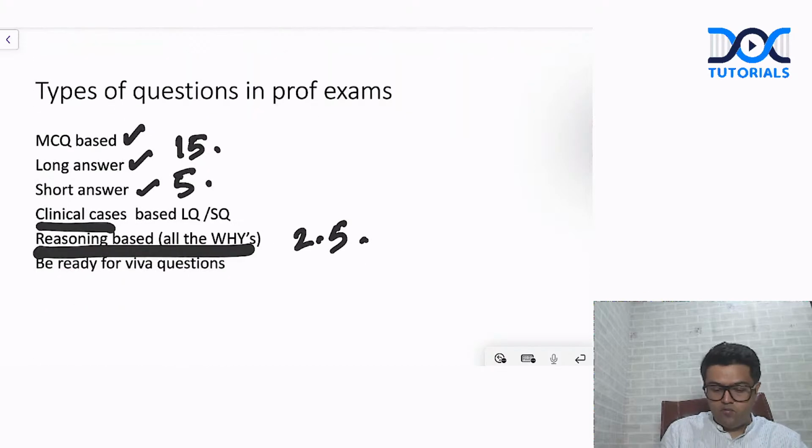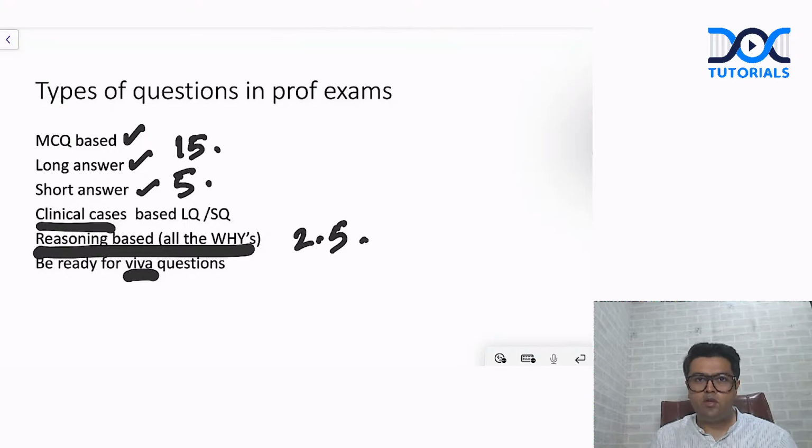Now guys, what are the other types of questions? Viva questions. Obviously they're not in the theory exams, but definitely they will be in your practical exams, and there will be Viva for theory also. And guys, in the Viva, the questions that the examiner asks you will be very easy, and they will be based on your knowledge, like reasoning, for example, or enumeration.